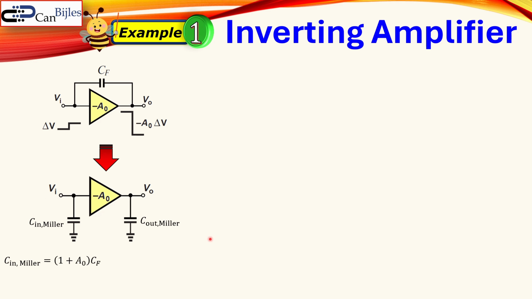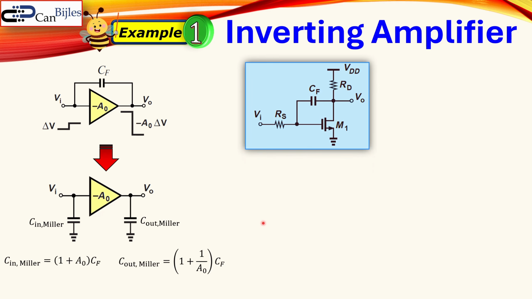Now the output capacitor on the side of the C out Miller is also calculated using the gain of the amplifier and also the feedback capacitor, using this formula. So you see here now a specific example where you see the MOSFET and the RS and RD, and we see the feedback capacitor also from the gate to the drain, which is a floating capacitor.